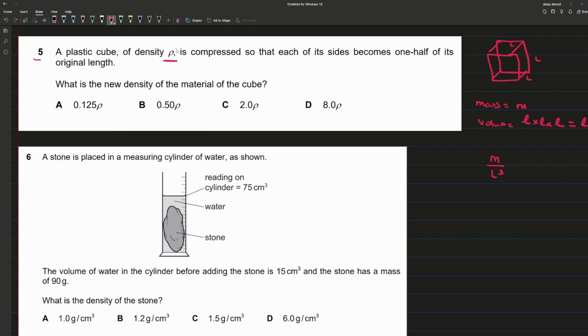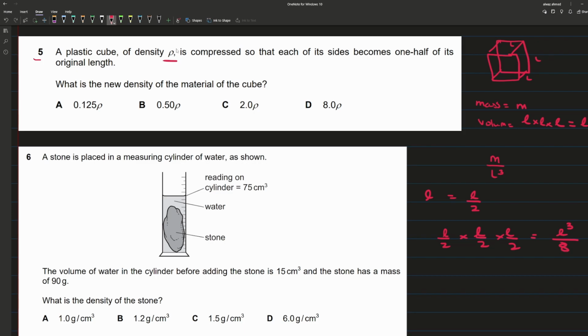Now let's talk about the compressed cube. The mass will remain the same. The only thing that will differ is its volume, because they've said that each of its sides becomes 1/2 of its original length. So if the original length was L, 1/2 of L is L divided by 2. So the volume will become L divided by 2 multiplied by L divided by 2 multiplied by L divided by 2, and we'll get L cube divided by 8.